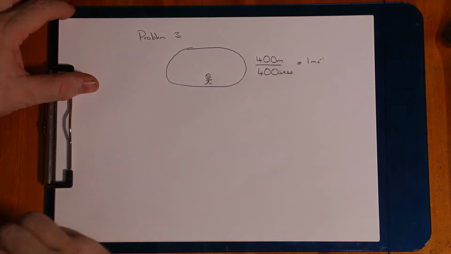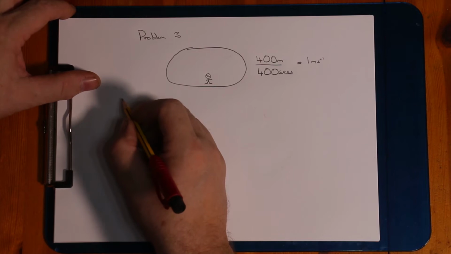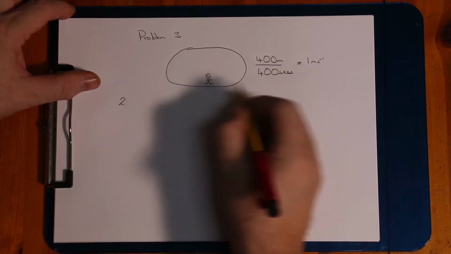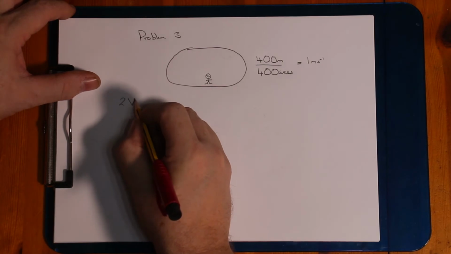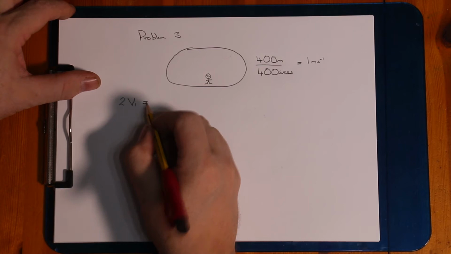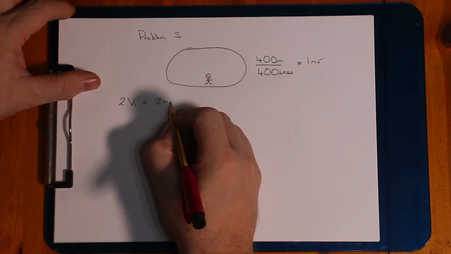Now the problem is that we want to go round so that our average speed is twice that speed, which I would say is 2 meters per second.